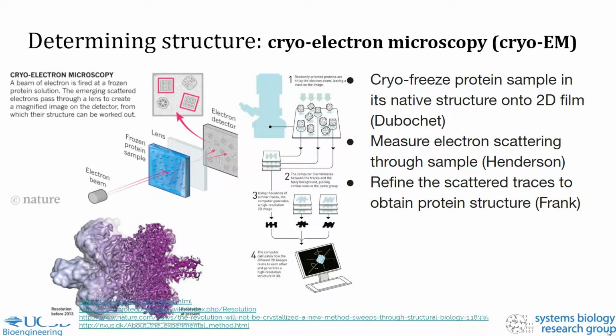Initially, the technique to use electron microscopy for biological molecules had its limitations. One of them was that the energy of the electron beam often irreversibly destroyed the protein sample. Prior to the vitrification technique developed by Dubochet, samples would often dry out during experiments and denature.